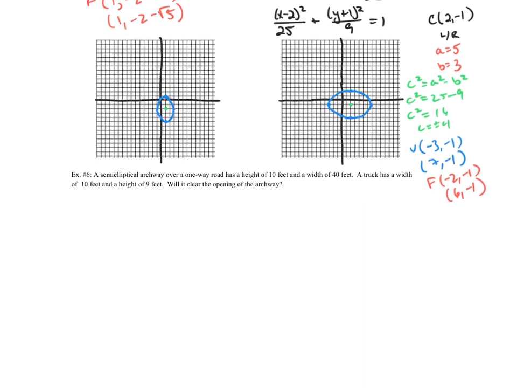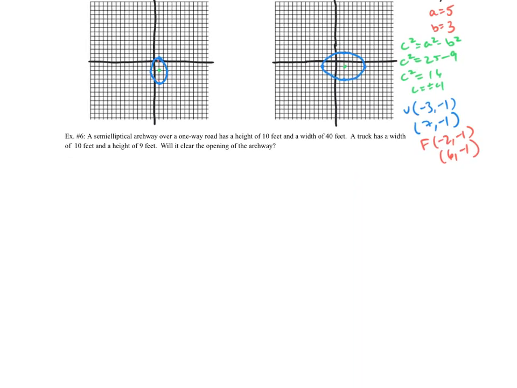All right, for our last example, we have a word problem. So it tells us that we have a semi-elliptical archway over a one-way road. And it has a height of 10 feet and a width of 40 feet.